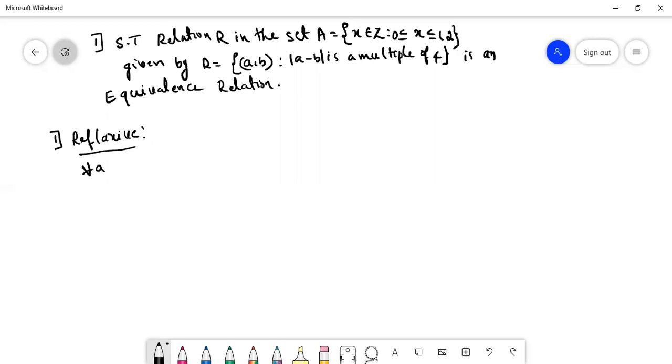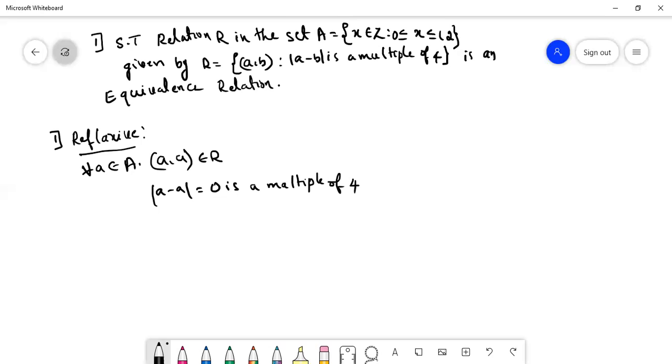For all a belongs to A, (a, a) belongs to R. Yes, because |a − a| is 0, whatever element you take, 1, 2, 3 up to 12. 0 is a multiple of 4, because 0 is a multiple of all elements.